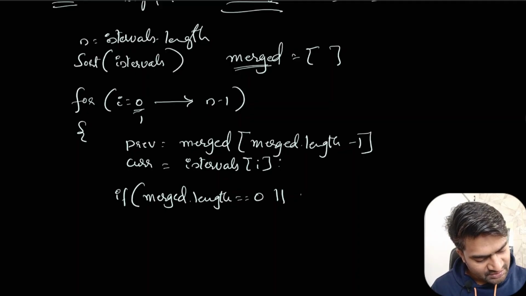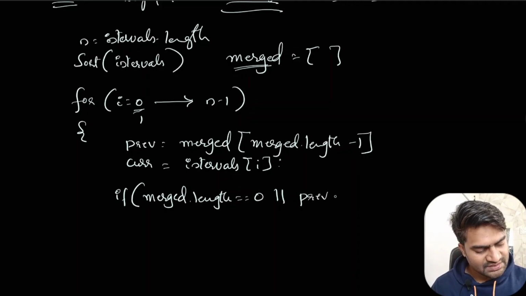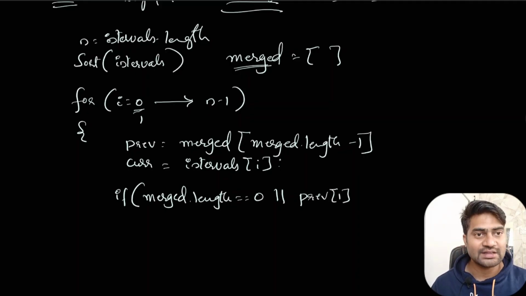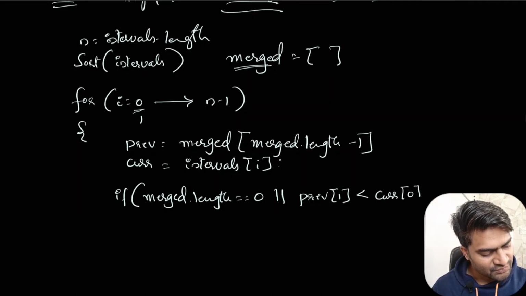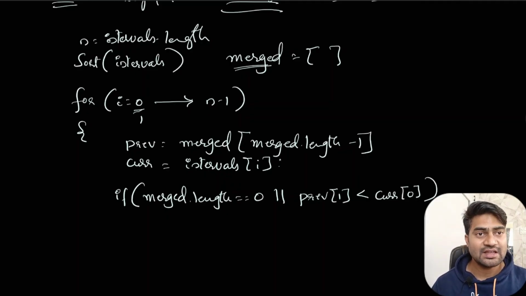Now if my previous of 1, that is basically the last value, is less than my current of 0, which is the current start value, then merge can't happen here.